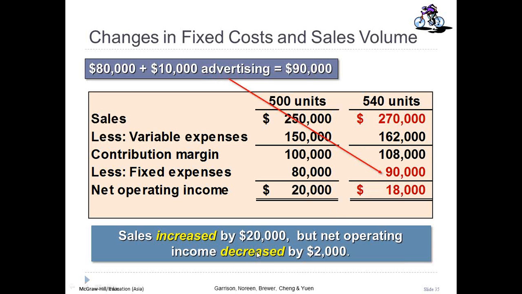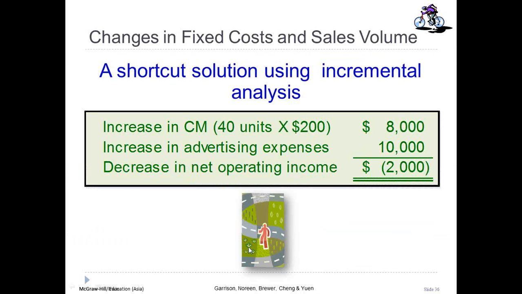The answer most likely would be no. We've actually decreased our bottom line. So in this example, we increased our unit sales by 40 units at $200 a piece. That's $8,000. But our increase in advertising to get those 40 extra units was $10,000. So the bottom line was we lost $2,000 in the process.